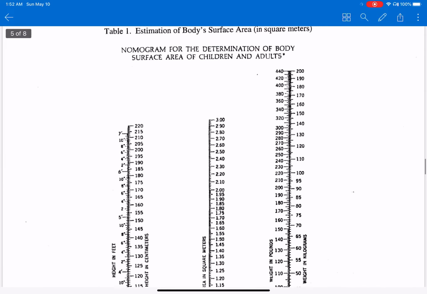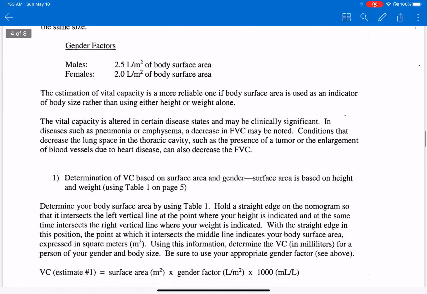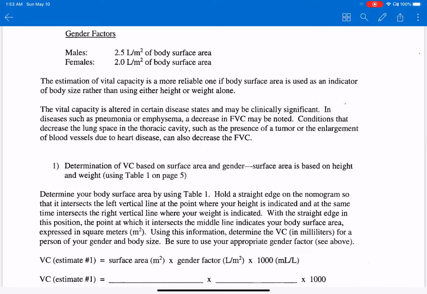Now remember, when I did the respiratory volumes lecture video, we talked about pulmonary function tests. Pulmonary function tests are tests where you go to the hospital and the respiratory therapist asks you to inhale and exhale through a tube that's hooked up to a spirometer.